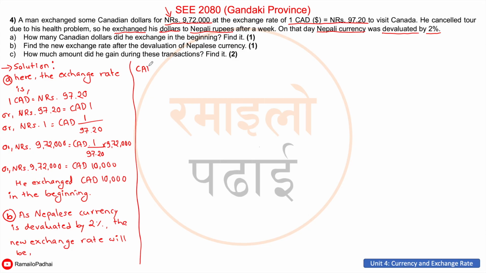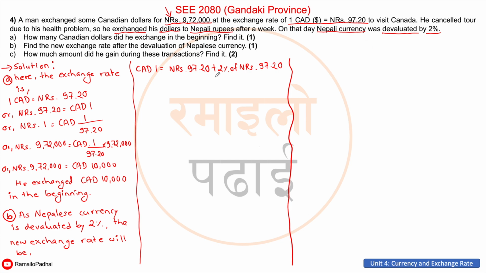Canadian dollar 1 equals NRS 97.20 plus 2% of NRS 97.20. Here most of us get confused whether we need to add or subtract, because the Nepalese currency is devalued.